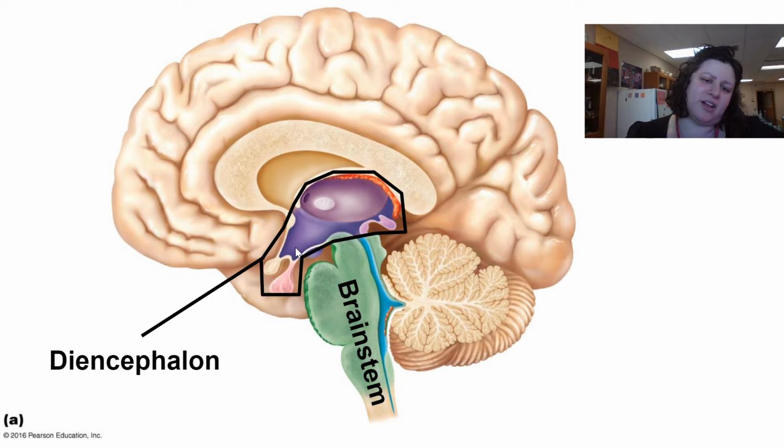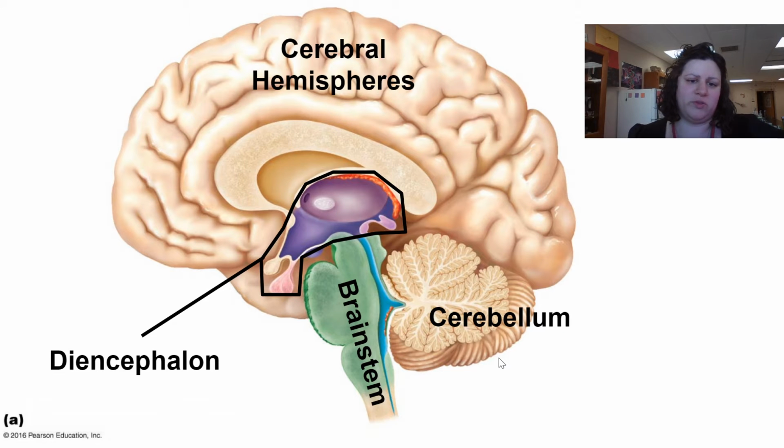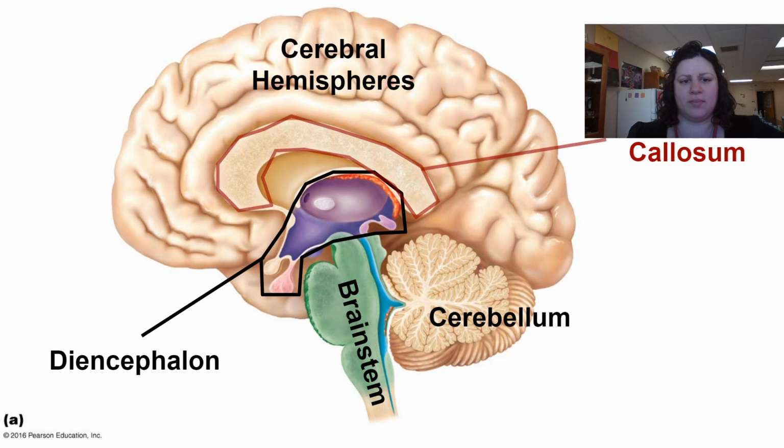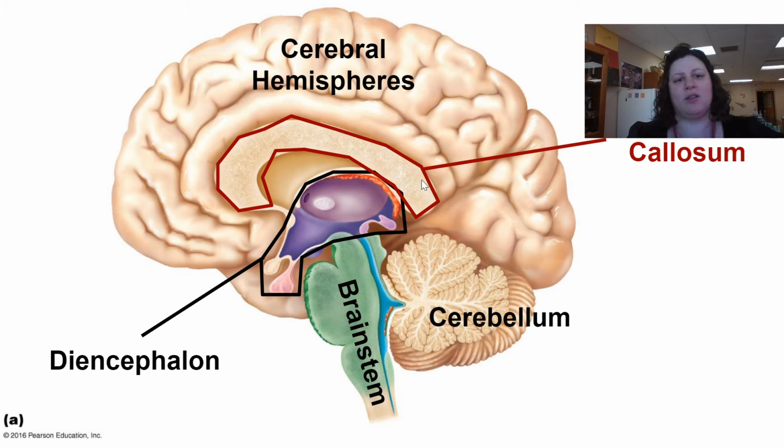The diencephalon is everything that's bluish, purplish, pinkish, including these weird structures that look like testicles, that's actually the pituitary gland, but both of these glands make up the diencephalon. The cerebellum, the little brain down there at the back, and the cerebral hemispheres. So there are our 4 main parts that we'll dive into in more detail. And that curved structure in the middle right here is the corpus callosum that connects the right and left sides of your brain and lets them communicate.